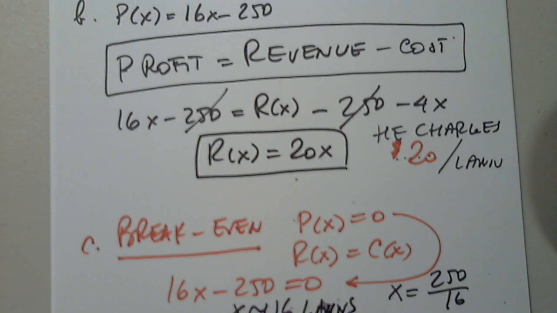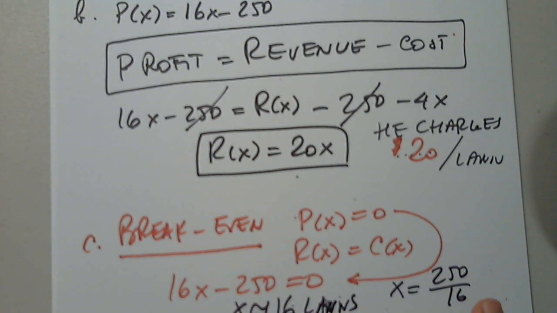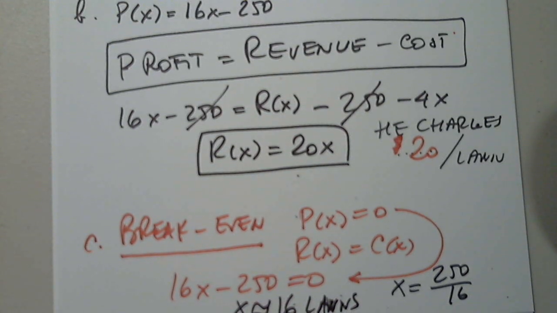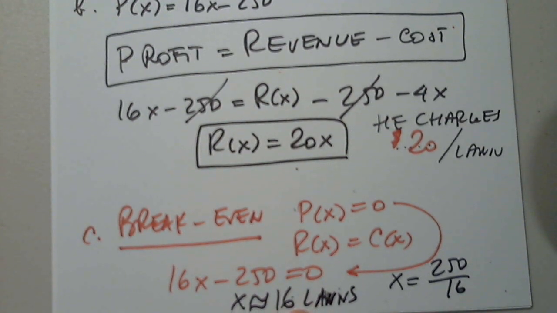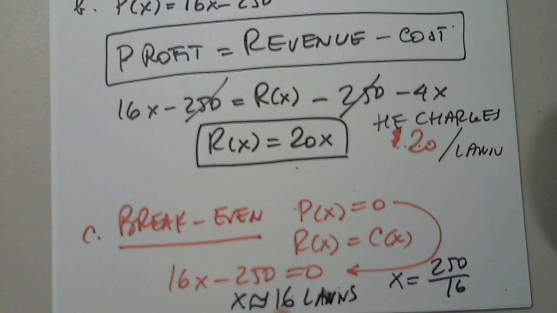So he will break even if he mows 16 lawns. From 16 on, he will make profit. Actually, from 16, he will make profit because he was 15 point something.